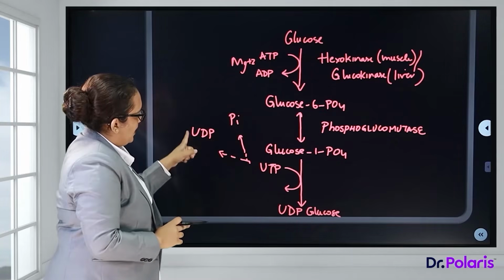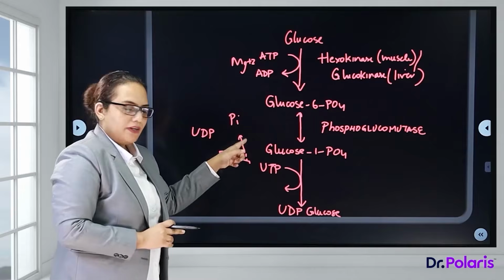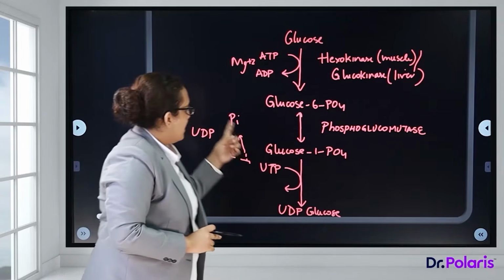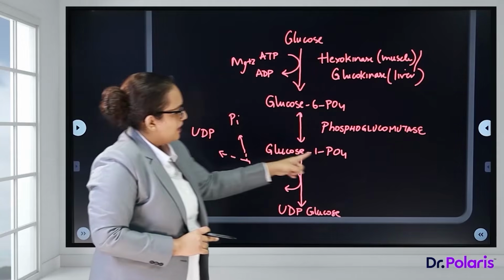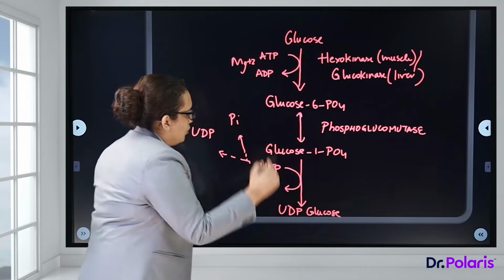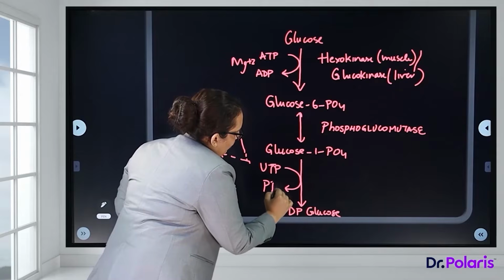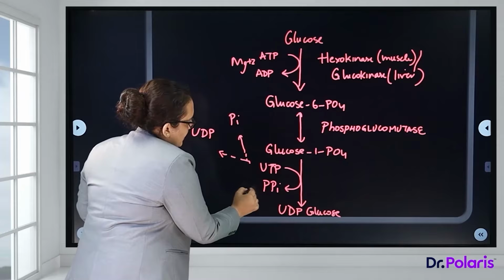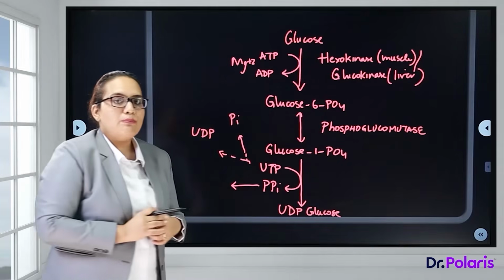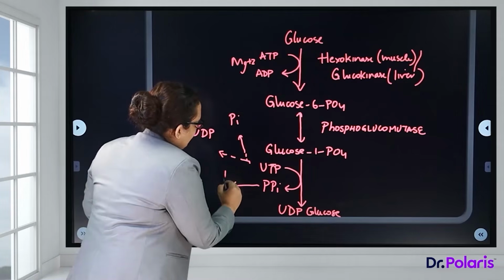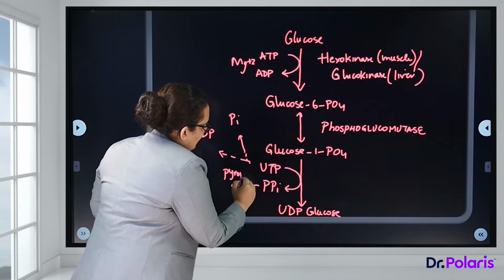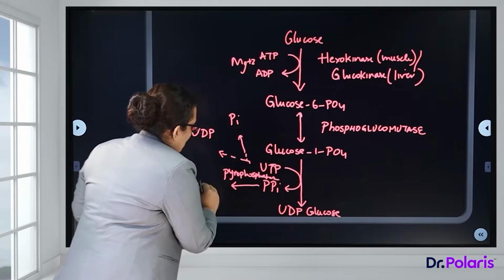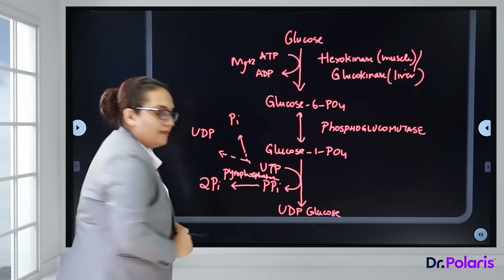So together, if you add UDP plus the phosphate group, you get UTP. So the UDP portion gets attached to the glucose, whereas you have one phosphate group over here and the other phosphate attached to glucose. Those 2 phosphates come out as a pyrophosphate. That means 2 phosphates joined together. And the pyrophosphate is then broken down by an enzyme called pyrophosphatase to give you 2 inorganic phosphates.